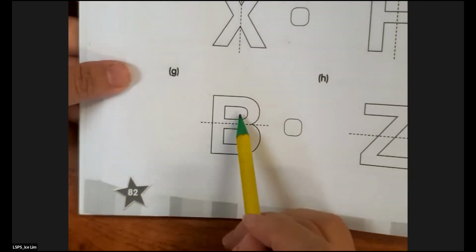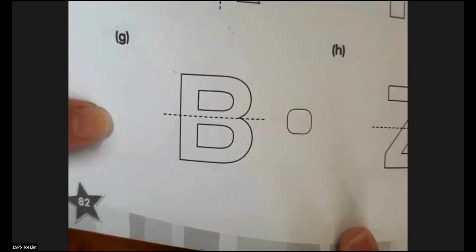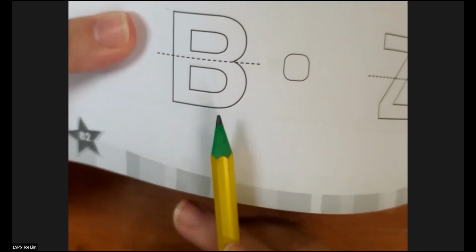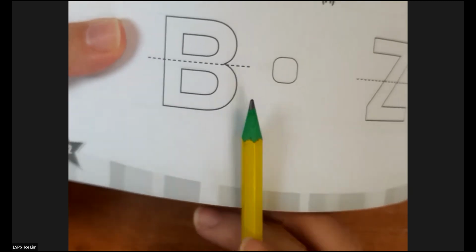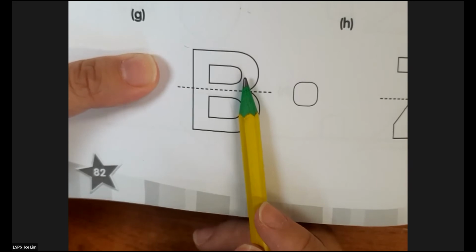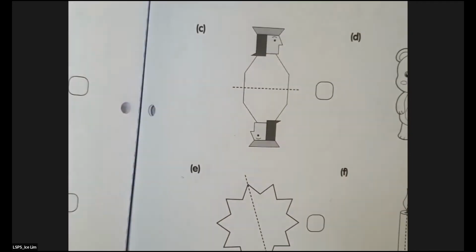Then for B, so many people got B wrong. Actually, you really have to look at it closely. You realize the bottom part of this B is slightly fatter than the top part here, right?